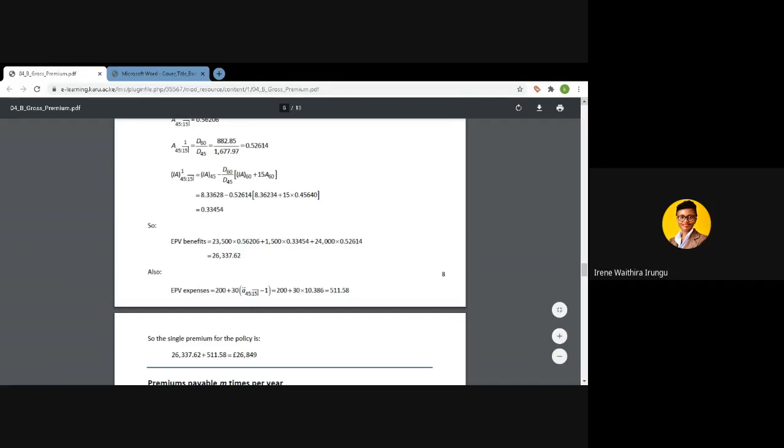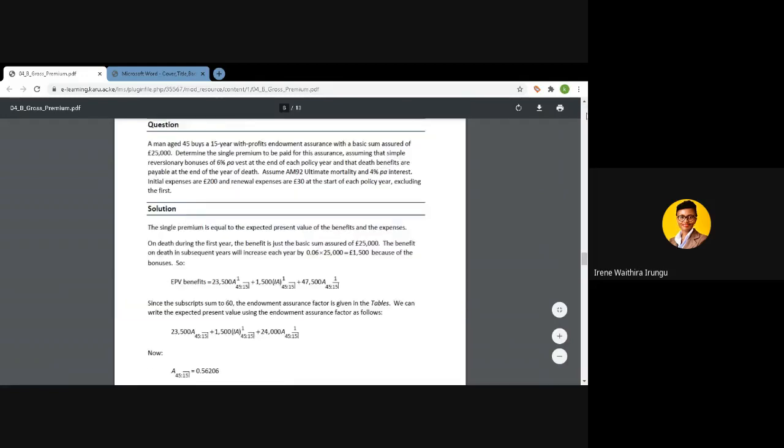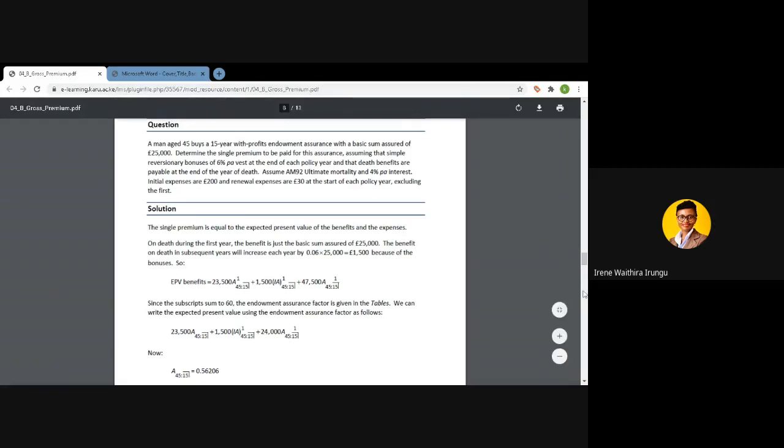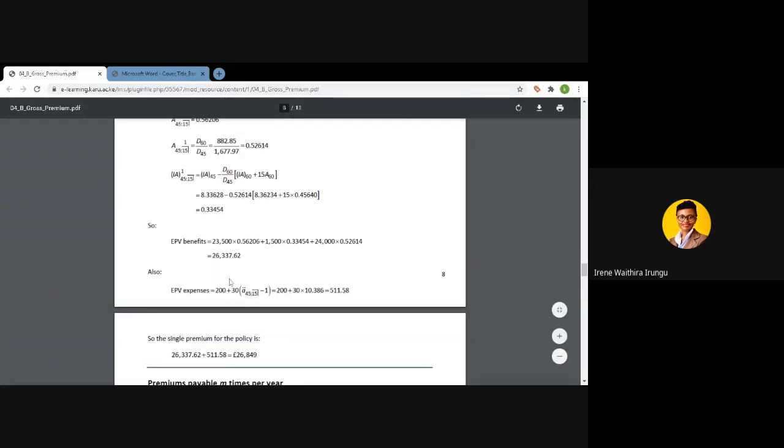So we now want the EPV of the expenses. So we go back to our question. In our question, we had been told that initial expenses are 200. So that's a one-off expense. And renewal expenses are 30 at the start of each year, excluding the first year. So given that it is an endowment, we begin with the 200.